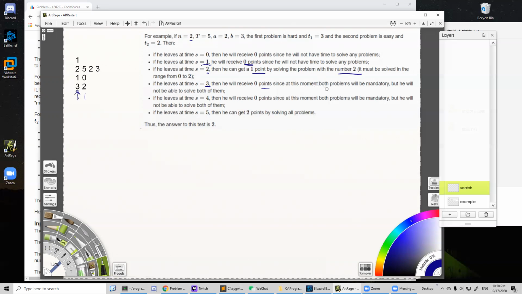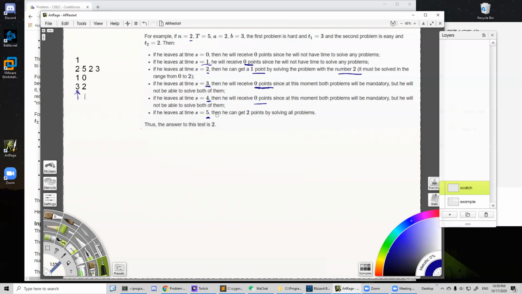So even though you can solve the first one, you can't get any points because you didn't solve all of the mandatory problems. So he receives 0 points. Also at the fourth second, he receives 0 points because the mandatory problem still cannot be solved, right?